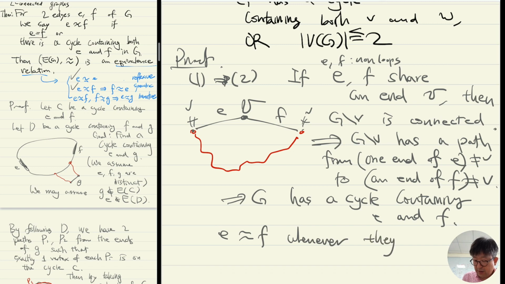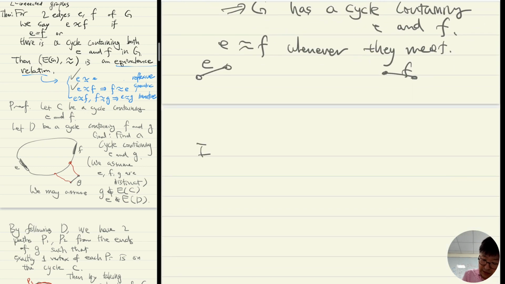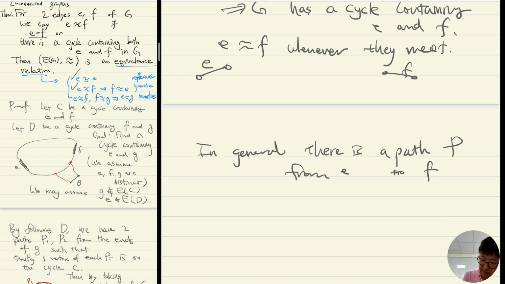But what happens if E and F are not meeting? In general, there is a path P from E to F because G is connected.